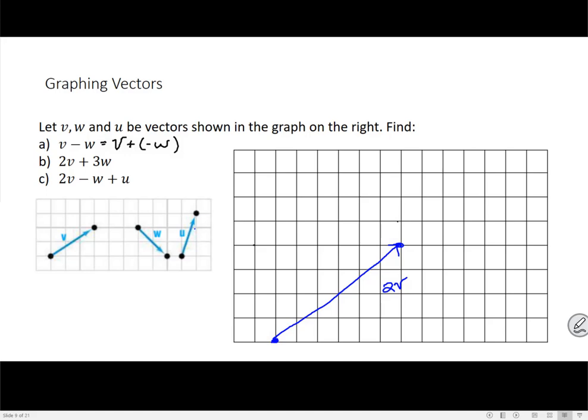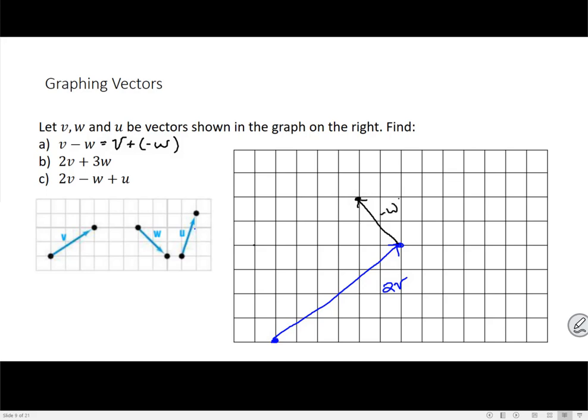So I'm going to go 2 up and 2 to the left. And this is my vector negative w.